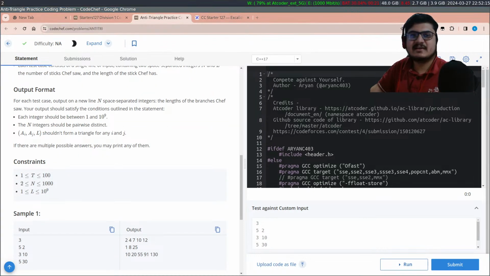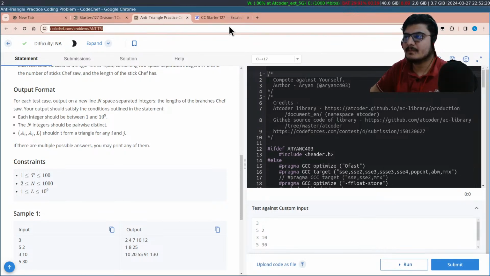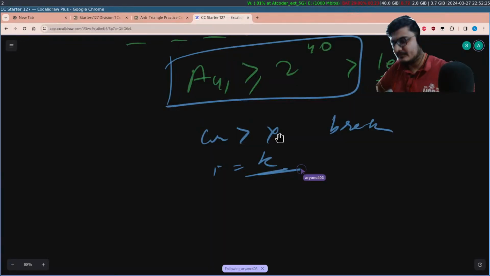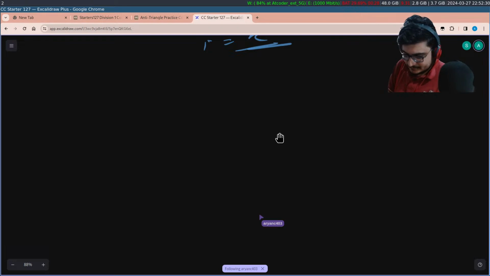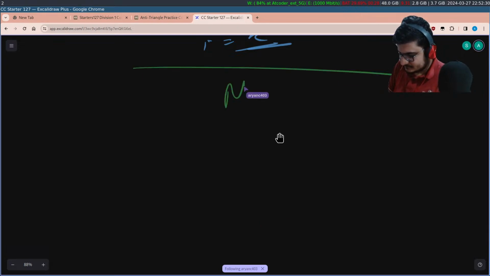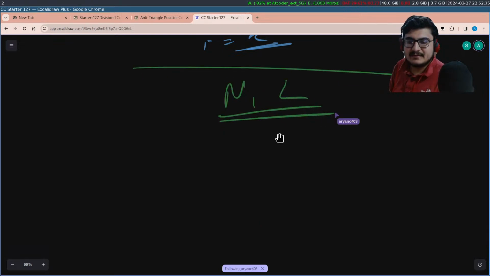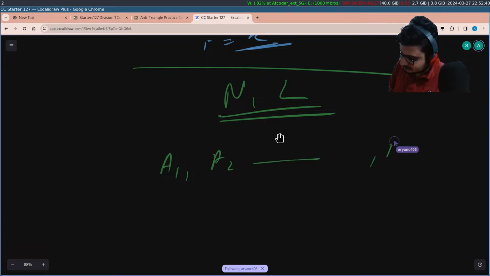So probably let's first see what the problem statement is asking us to do. So it says, if we are given two integers and an n, we have to find an array of length n such that if you pick any two numbers, all the numbers should be distinct.